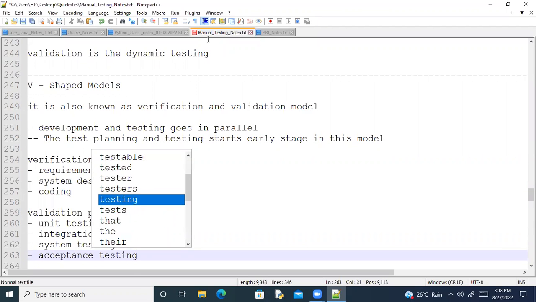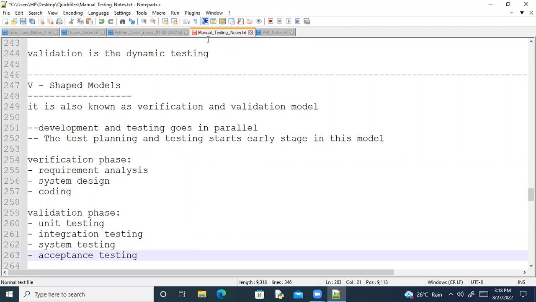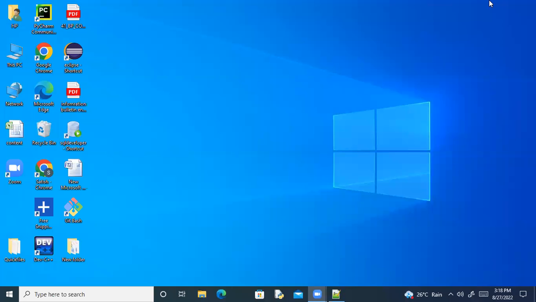I'll show you the diagram of the V model, how it works, and based on that, I'll explain.